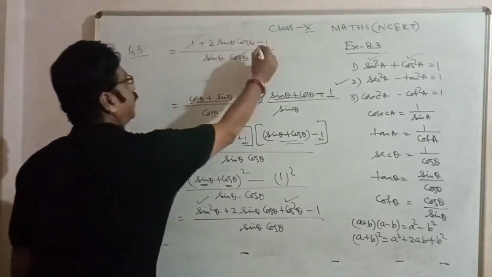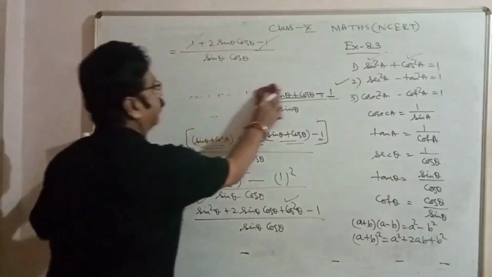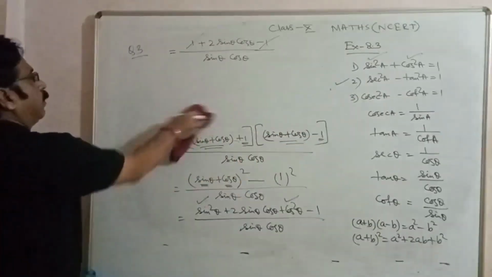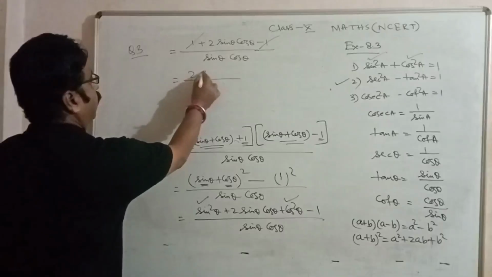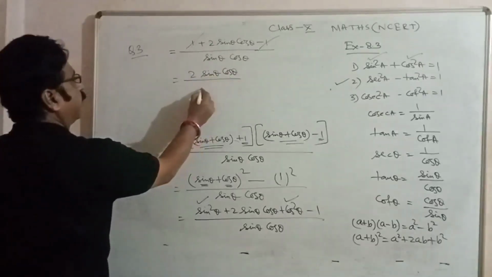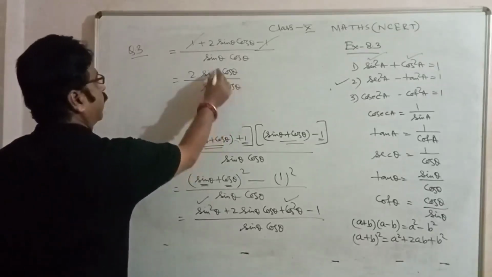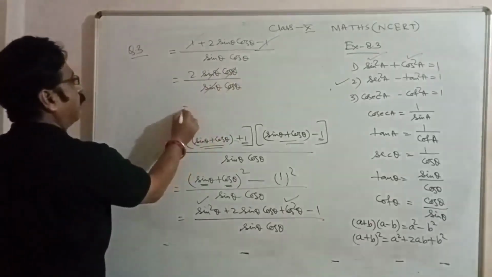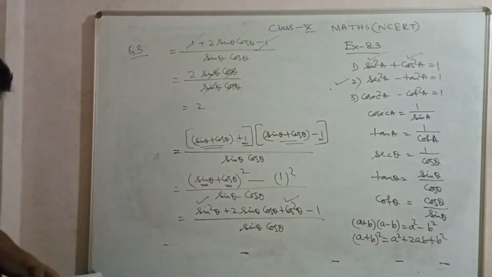Now this is plus 1, this is minus 1. We can cancel. Now we get 2 sin theta cos theta upon sin theta cos theta. We can cancel. We get 2. Option C, answer is given 2.